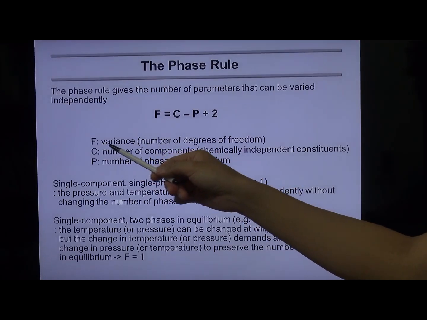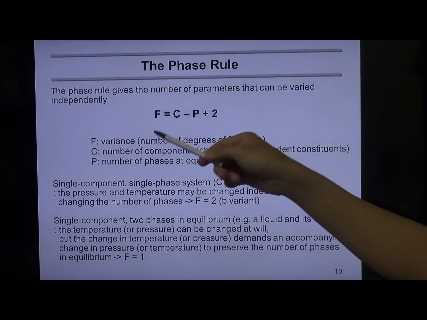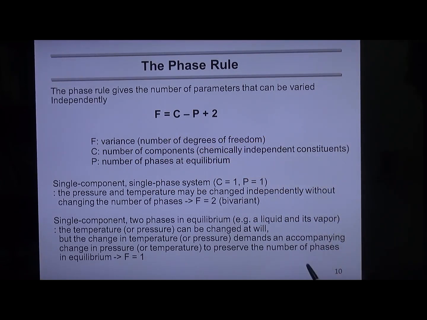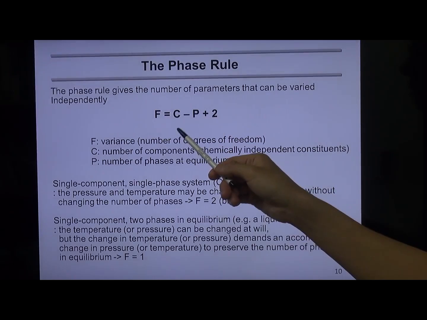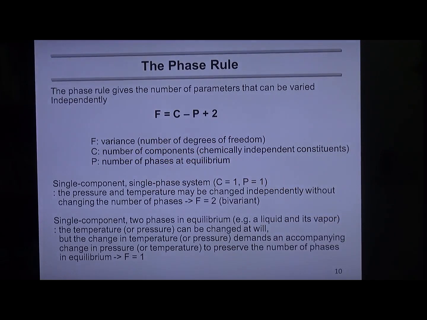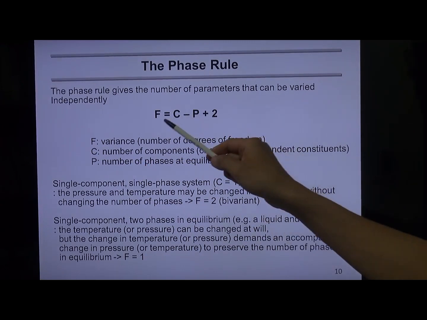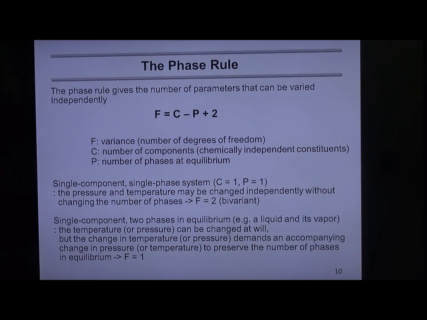So F basically represents how many intensive variables we can change independently. Intensive properties, as represented in F, include temperature, pressure, and composition. Among temperature, pressure, and composition, how many variables can we change independently? That's F, or variance.